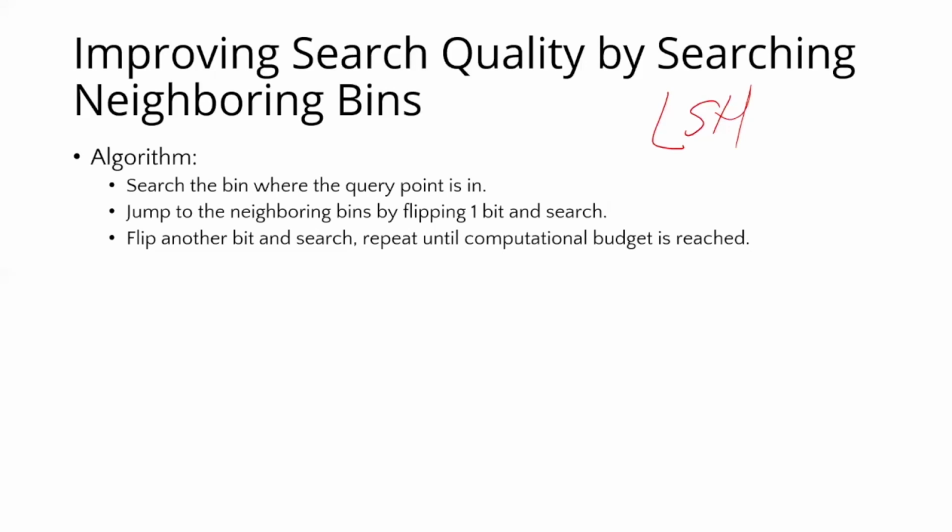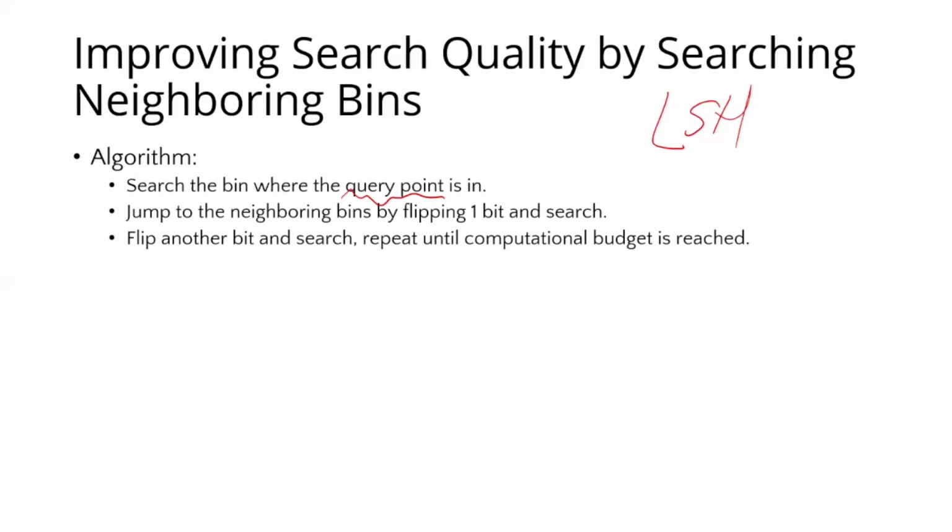Then when the query comes in, we jump directly to the bin where the query point is located, which we can do easily using a hash function, and the hash functions are randomly initialized. From that bucket, we search exhaustively and find the point closest to the current query point.